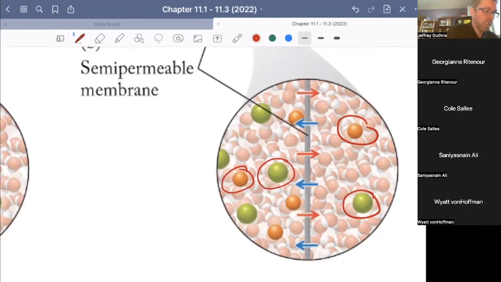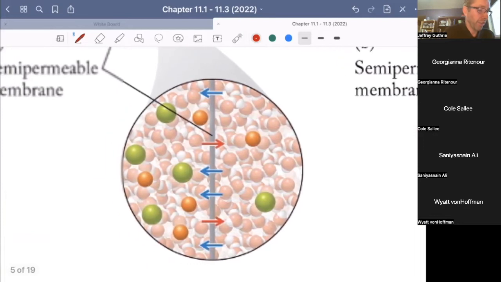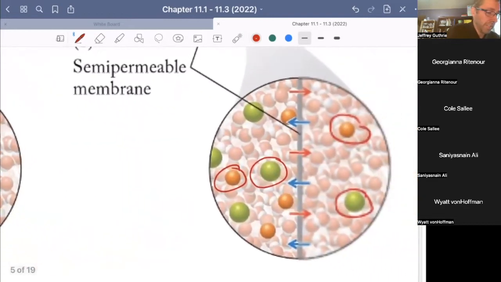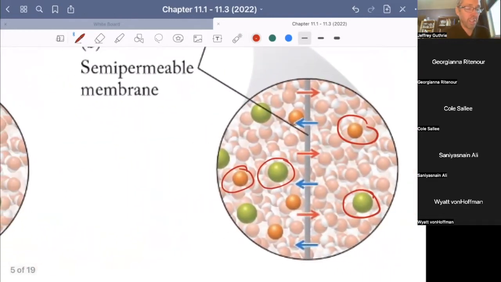This is still showing the situation where we have more salt on the left, which means the water has to go this way to dilute it. Once it's diluted, we should have the same concentration of salt on each side. So it's a little misleading, but it should have equal concentrations on both sides. Otherwise, there will be some pressure for the movement of water somewhere.